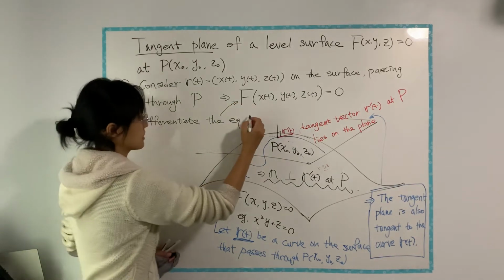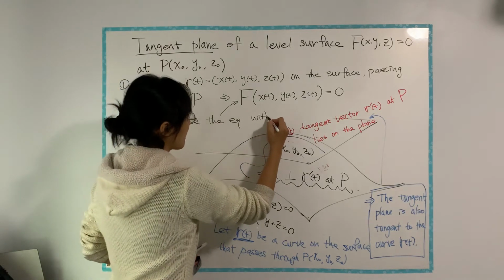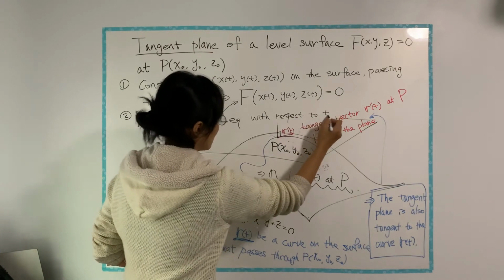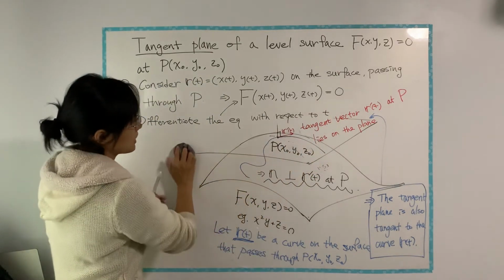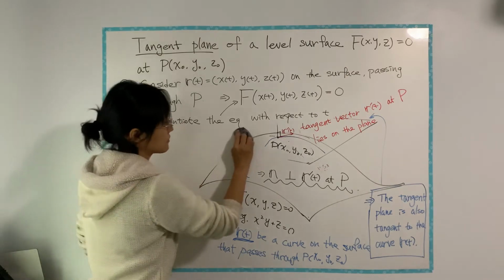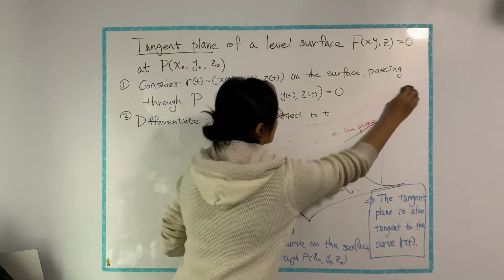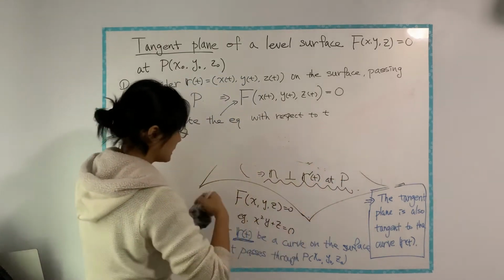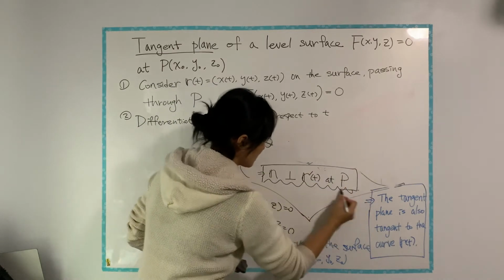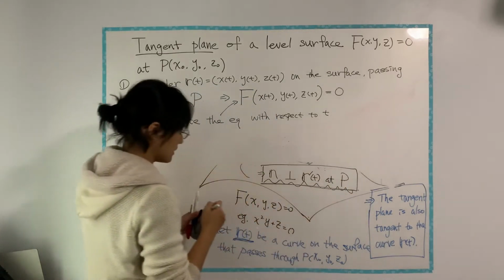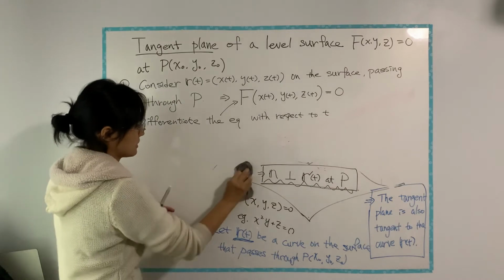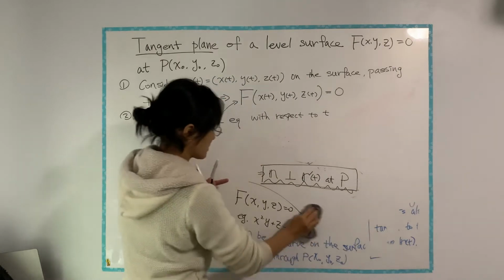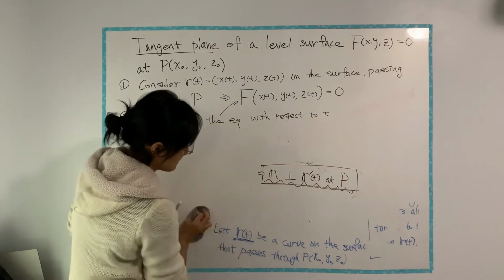This equation with respect to t, and let's see what happens. Okay, I'm gonna have to erase this graph. But again, this is the key observation that we had in the end. So keep this in mind, and I'm gonna erase as much as possible. Eventually, I will have to erase this as well, so then I have space to write.